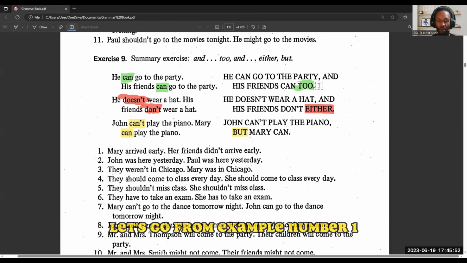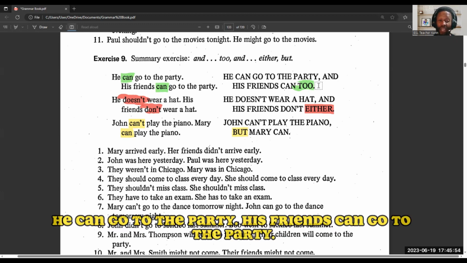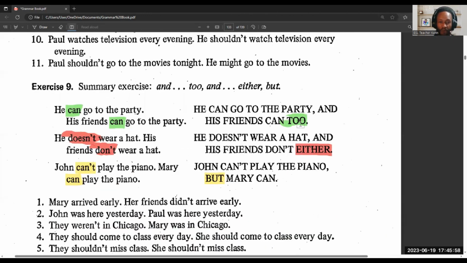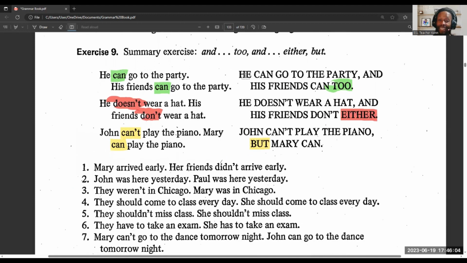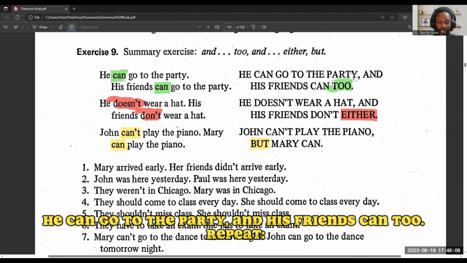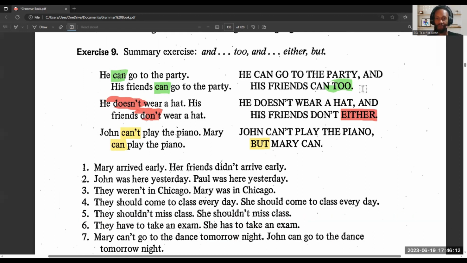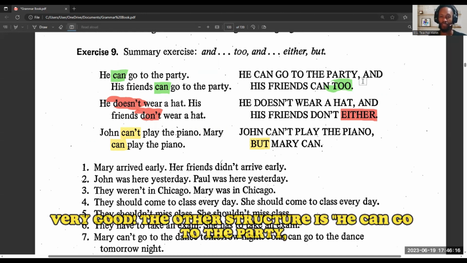Let's go from example number 1. He can go to the party. His friends can go to the party. Okay. He can go to the party and his friends can too. Repeat. Very good.